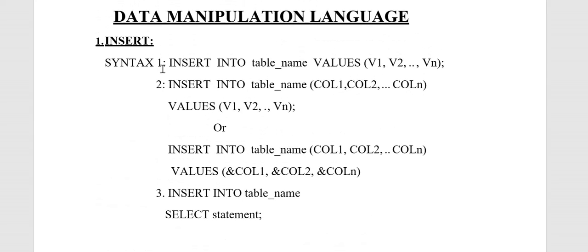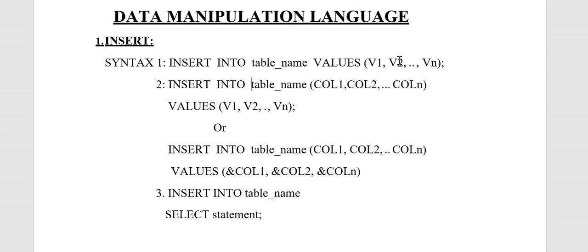If you see here, we can insert values in 3 different ways. To insert values, we have to use insert into table name, that is, into which table we are going to insert values, and then values V1, V2, V3.